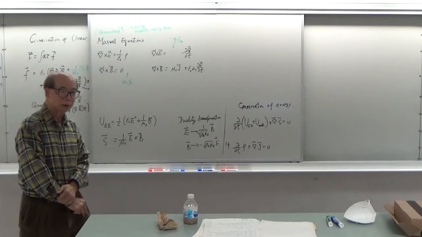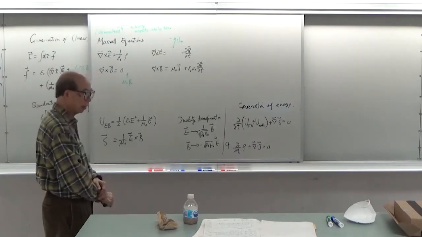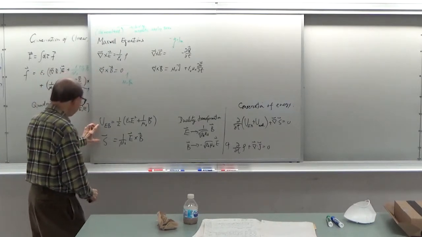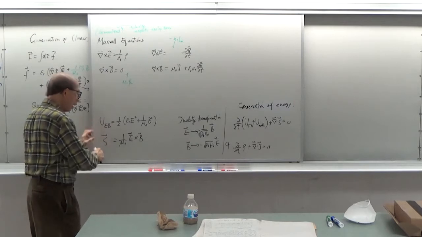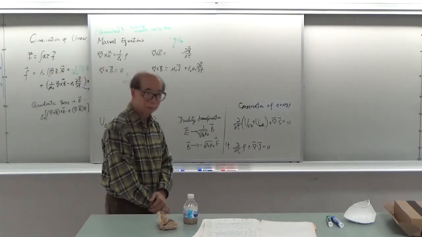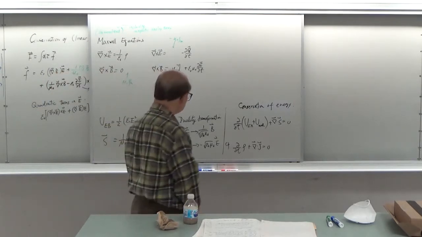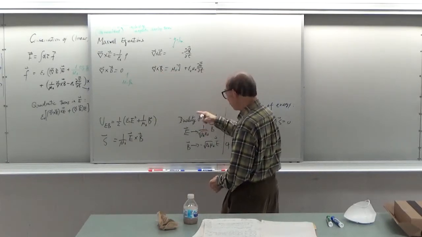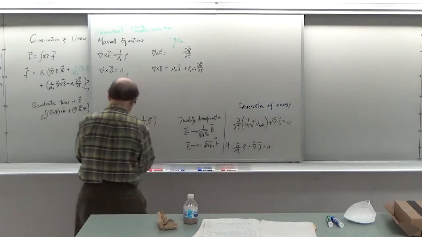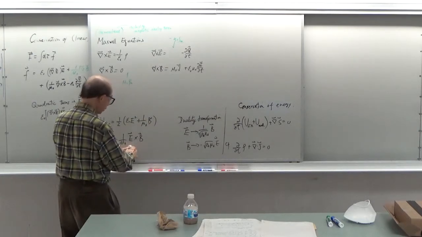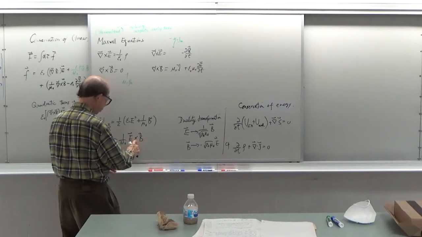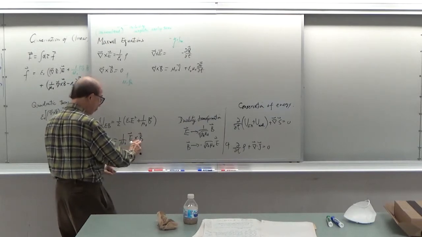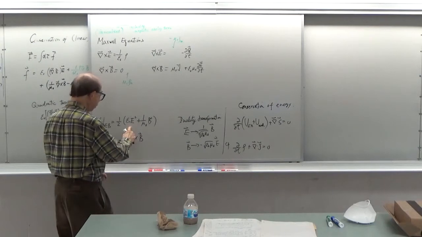You should have noticed right away that both expressions, the energy density and the Poynting vector, are symmetrical under the duality transformation. Under duality transformations, E goes to B and B goes to minus E. The minus sign is important, that takes care of this cross product, because when you interchange E and B, there's a minus sign.